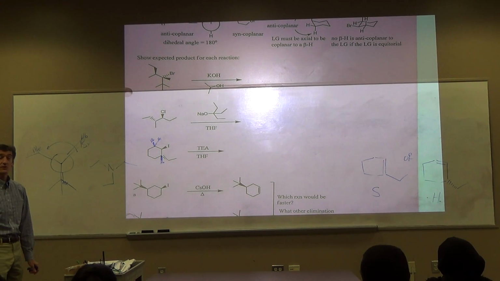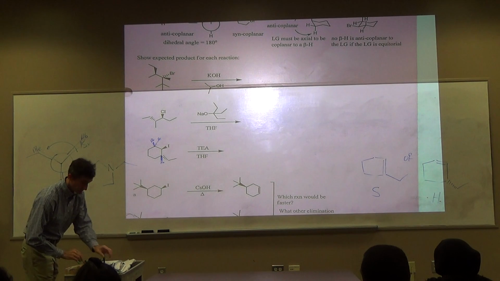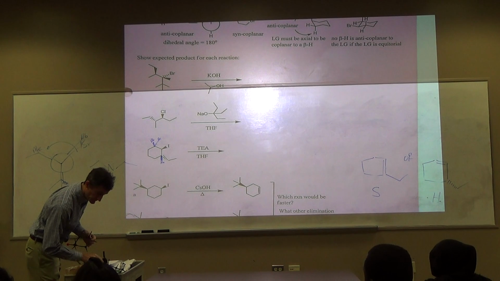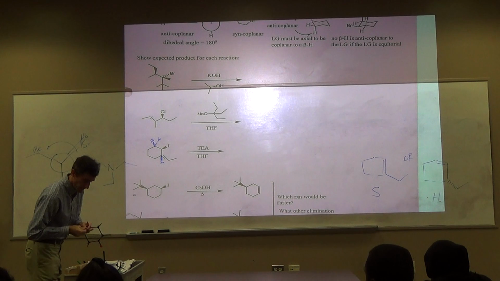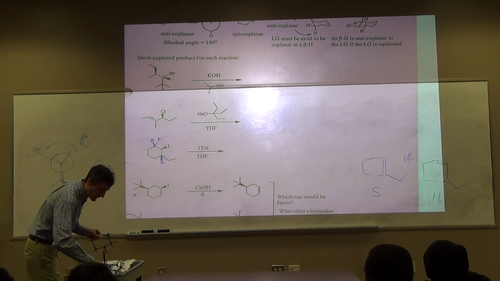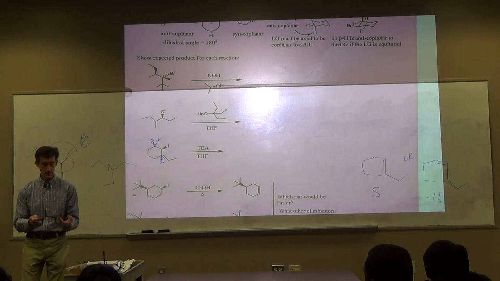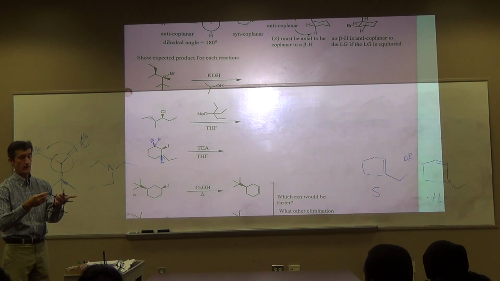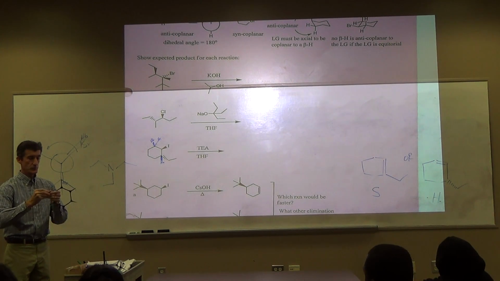No. So they will never be trans-coplanar. And we can look at a model. Everybody agree that the I and the H are cis? Yes, sir. Well, let's make a 6-membered ring, and let's put two adjacent groups.